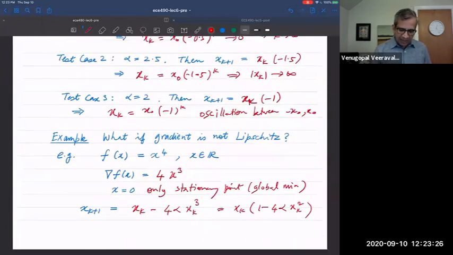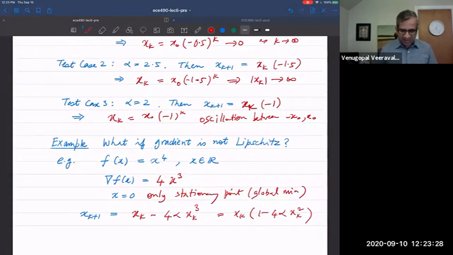If the Lipschitz condition is not satisfied, then for a general starting point, I'm not guaranteed convergence anymore. But if I choose my starting point carefully, I could still have convergence. Right? That's what this is saying, and that's the example we just saw. But in general, for any arbitrary starting point, I cannot guarantee convergence without the Lipschitz condition. Okay?